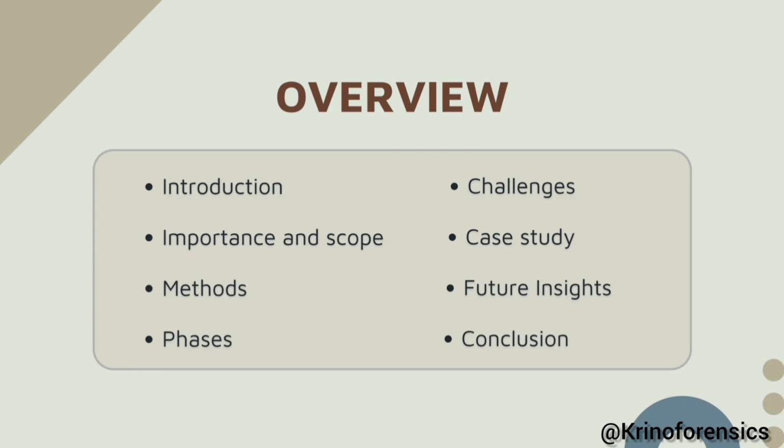We will also learn all the phases of the disaster victim identification process and the challenges or real world obstacles in disaster victim identification, along with a case study as an example to illustrate the application and impact of disaster victim identification. I will also share some future insights on this topic with a conclusion.